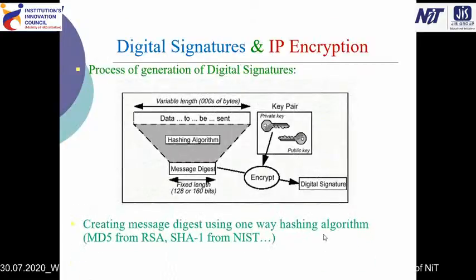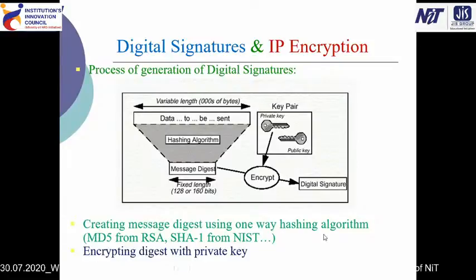So next, to secure our cyber security we use digital signature and encryption. The process of generating a digital signature is called a message digest, by encrypting data with a key pair system, a private key and a public key.